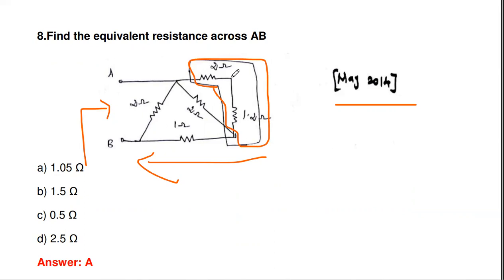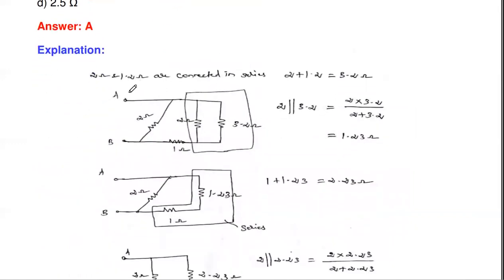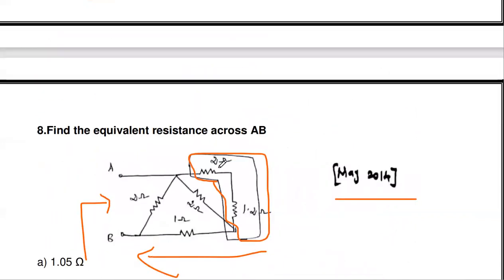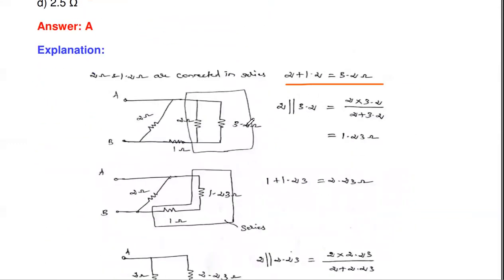Series, since only one end is connected. So 2 and 1.2, you just add: 2 plus 1.2 is 3.2. Then in the diagram, you replace this 2 and 1.2 with 3.2. Then the remaining resistors you connect as they are.